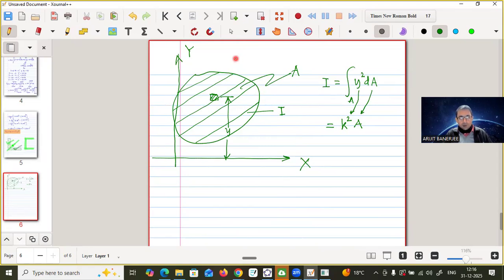As if I can assume that there is a distance k from the axis x, such that if I consider the whole area to be concentrated at that point, at a distance k from the axis, then it will produce the same moment of inertia.